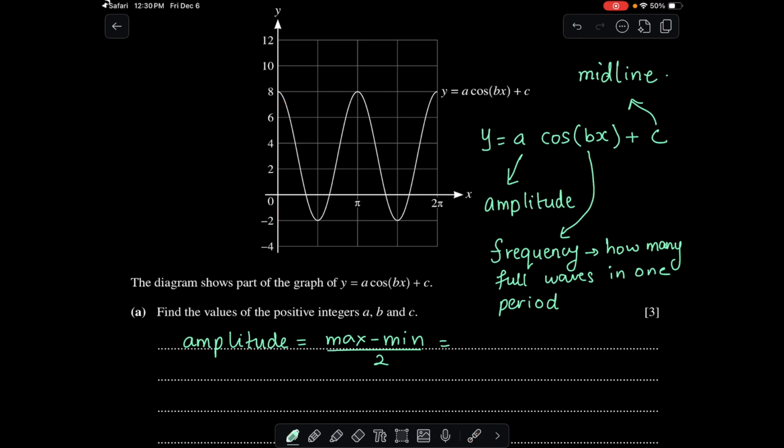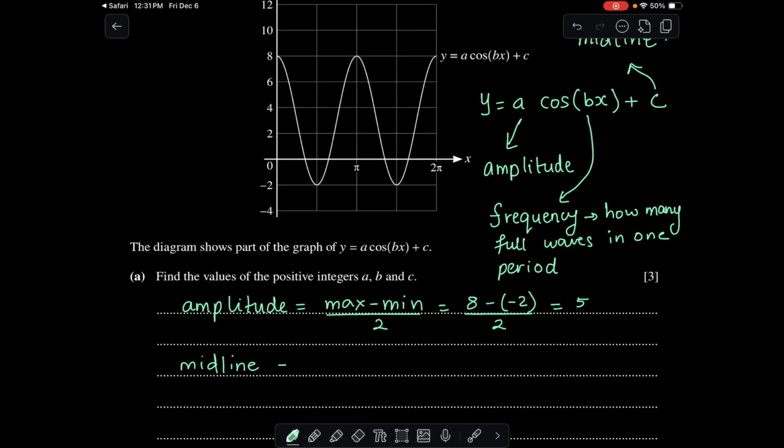So it's going to be 8 minus a negative 2, everything divided by 2. That gives me 10 divided by 2. The amplitude is 5, so we can conclude that the value of A is equal to 5.